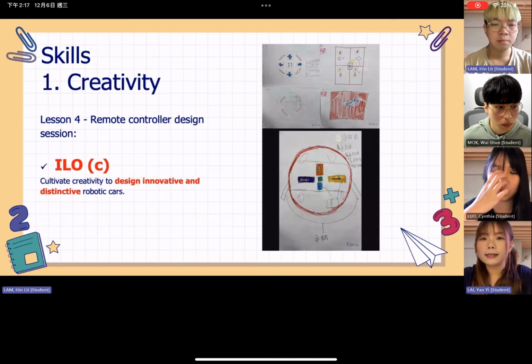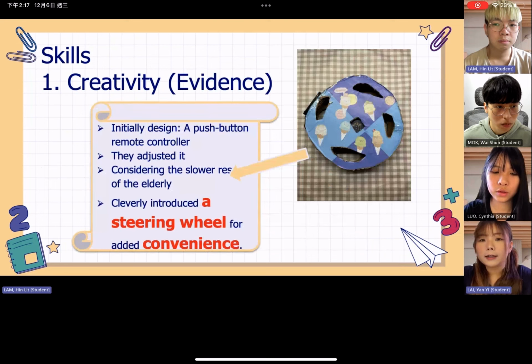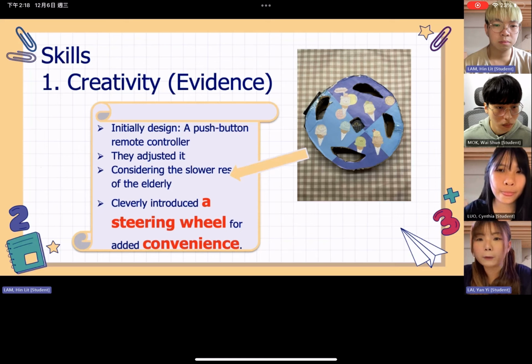The first skill is creativity. In lesson 4, the remote controller design session can achieve ILO C. For the initial design, they designed a push button remote controller, but they adjusted it and considered slower remotes because of the response time of the elderly, carefully introducing a steering wheel for added convenience.